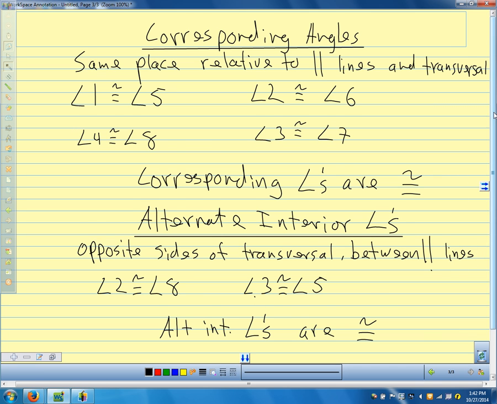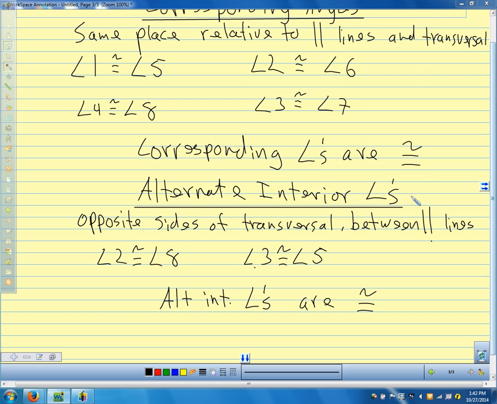So we have a bunch of angles that we know now are congruent when we have two parallel lines cut by a transversal. Questions there? Really the idea today is to fill out our graphic organizer and start to be able to recognize how we talk about these angles with parallel lines.